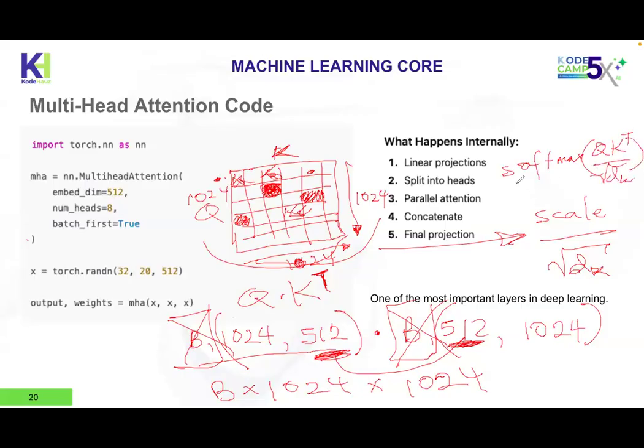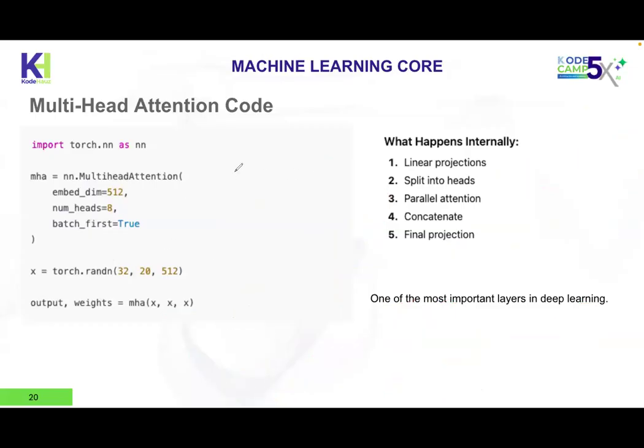That's still going to have the same shape. We now take it and do a dot product with V. So let's move to that step where we do a dot product with V. Remember our QK matrix still has a 1024 by 1024 dimension.